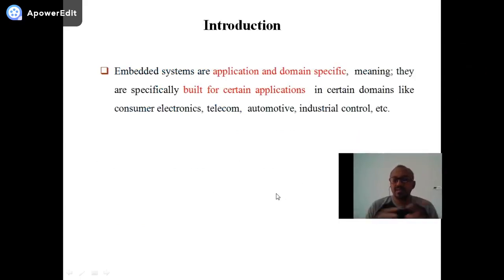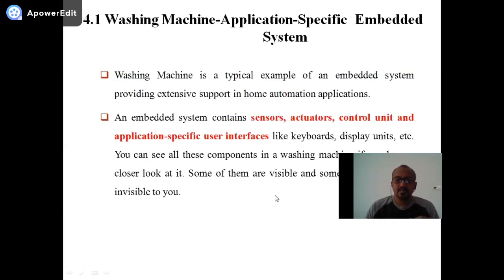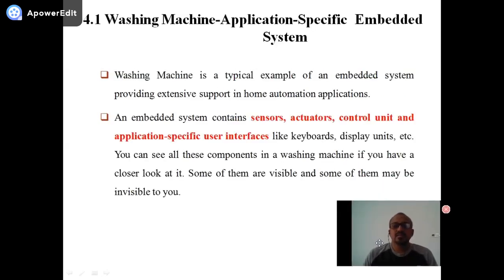So, embedded systems are application and domain specific, that is they are built for a certain application in certain domains like consumer electronics, telecom, automotive or industrial control. The first example, a specific embedded system as an application, is the washing machine.